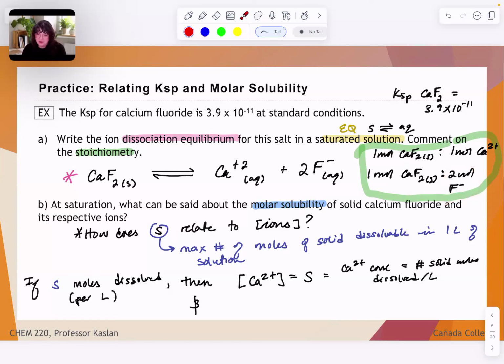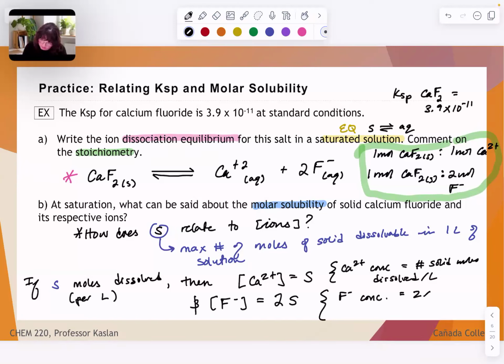So all of that fluoride is representative of twice the initial amount in moles of calcium fluoride that was dissolved. So the concentration of fluoride is equal to twice that maximum amount of solid. So fluoride ion concentration is equal to 2 times the amount of solid moles that are dissolved per liter.